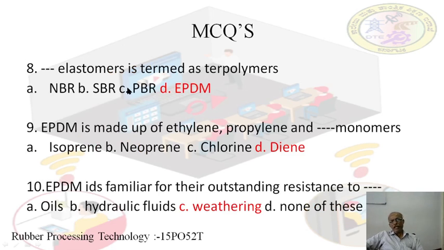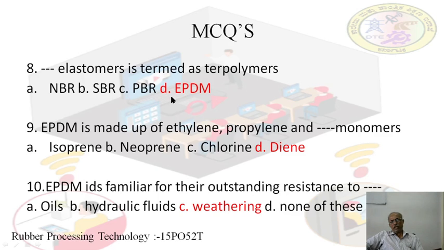Eighth question: dash elastomer is termed as terpolymer. Option A, NBR; B, SBR; C, PBR; D, EPDM. The correct answer is EPDM.